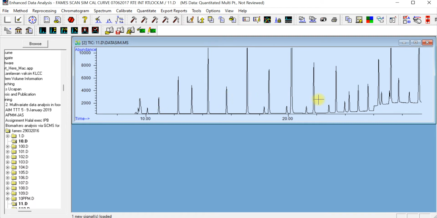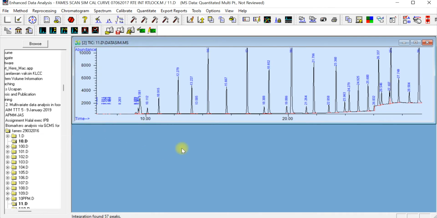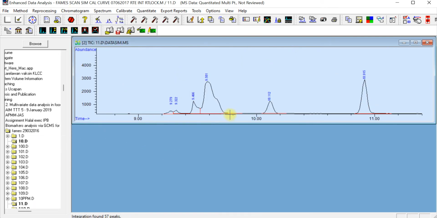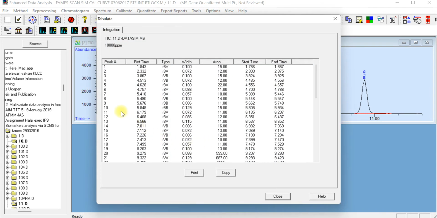In order for us to identify where hexanoic acid is, you can go to chromatogram and click integrate. You can see here it slightly changes, at 10.112. This is at 10,000 ppm. You can identify the area by going to chromatogram and then clicking integration result.